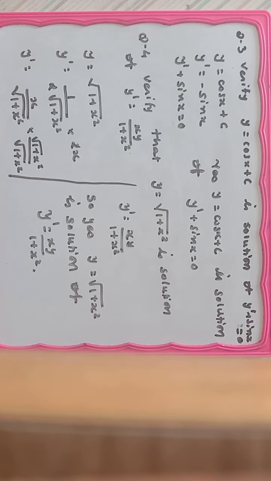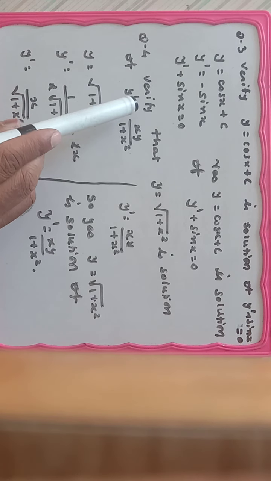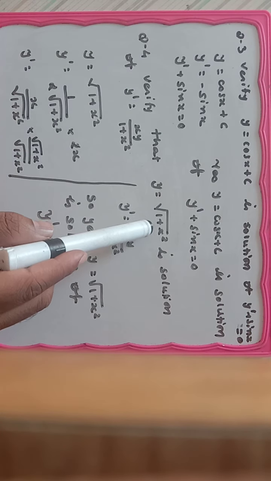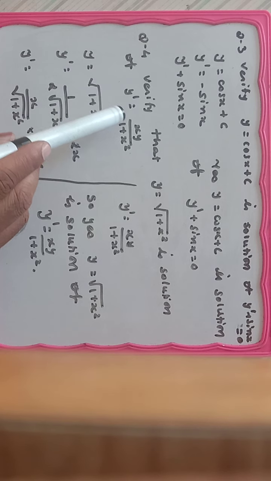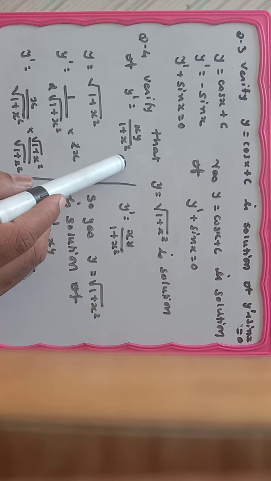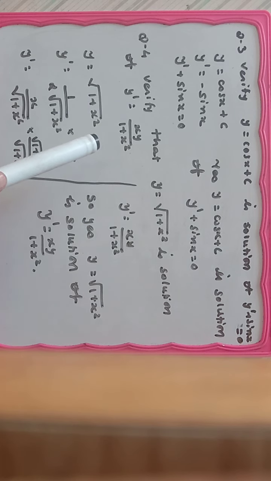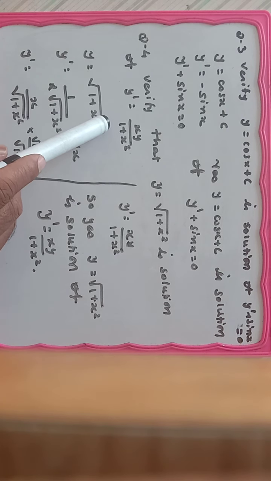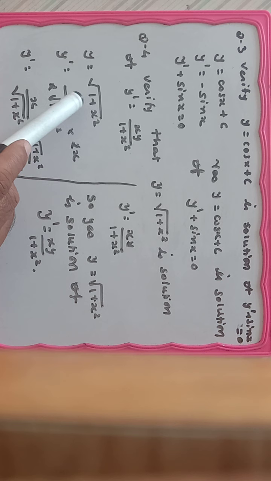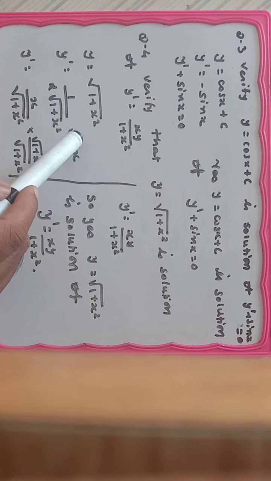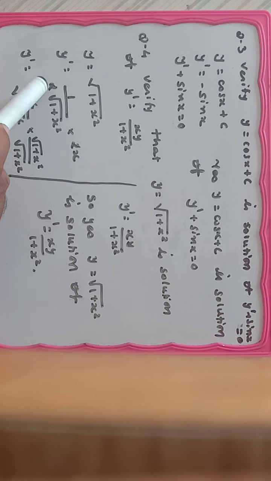Now question 4: verify that y equals under root 1 plus x square is a solution of y dash equals xy upon 1 plus x square. It is given that y equals under root 1 plus x square. We differentiate with respect to x, then y dash equals 1 by 2 under root 1 plus x square into 2x. The 2s cancel, giving x by under root 1 plus x square.